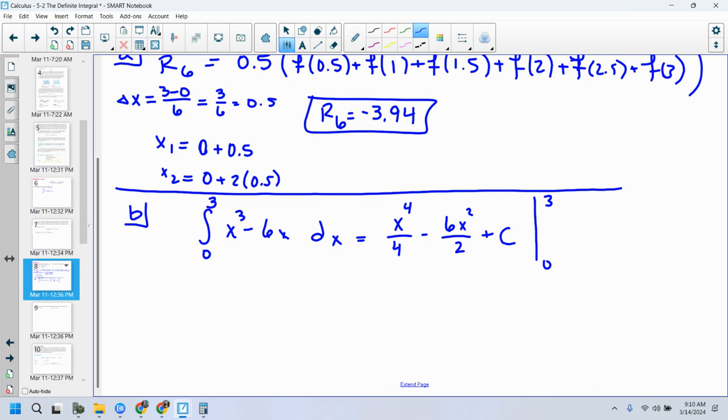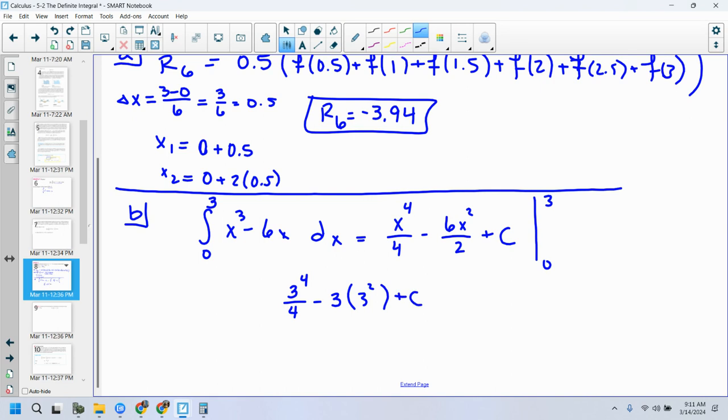Now, what is this telling you to do with this thing? I know I can simplify that to 3x squared. But what is this telling you to do? Well, this vertical bar says find the difference between those values. Find the difference between 3 and 0. So what does that mean? That means I'm going to take 3 to the fourth over 4 minus, and I'm going to evaluate 6 over 2 to be 3, 3 times 3 squared, plus c.